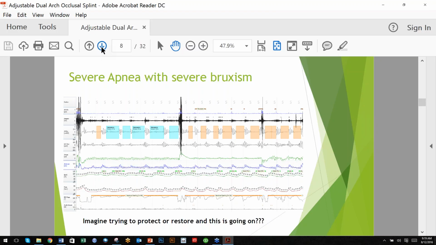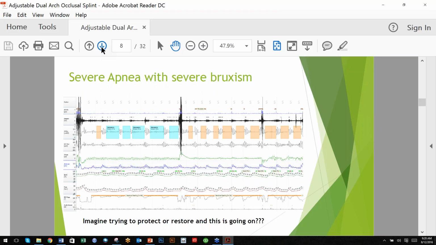And the dentist that took this study was at their wit's end with the patient, had done a lot of warranty work on crowns and bridges, and was completely unsuccessful treating this patient's damaged teeth. We came into the picture. This was one of the first studies that he did with the monitor that I'll talk about at the end. And lo and behold, this patient was a severe apneic, and that's why their teeth were damaged.